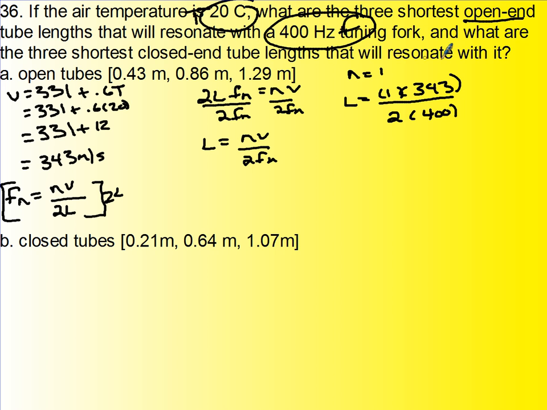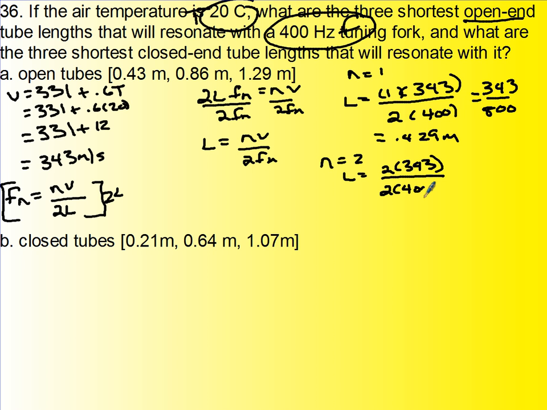So this is going to be 343 divided by 800. 343 divided by 800 is 0.429. Okay, so that's for n equal 1. For n equal 2, L is 2 times 343 divided by 2 times 400.